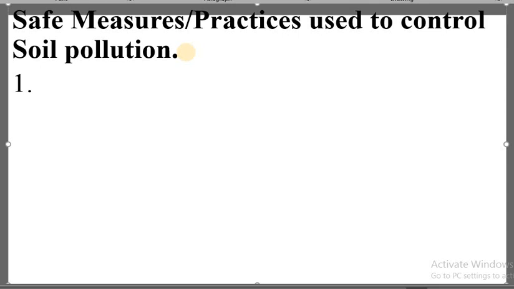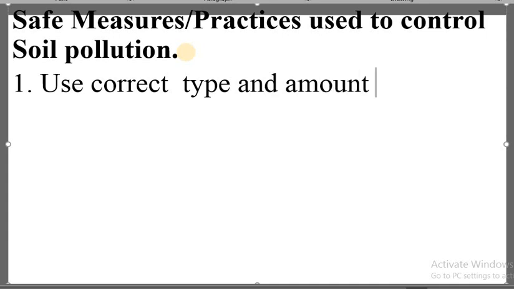We can control that by saying farmers should use correct type and amount of fertilizer, because the problem was excessive use of fertilizer. So here we are regulating two things: the correct type and use of correct amount.